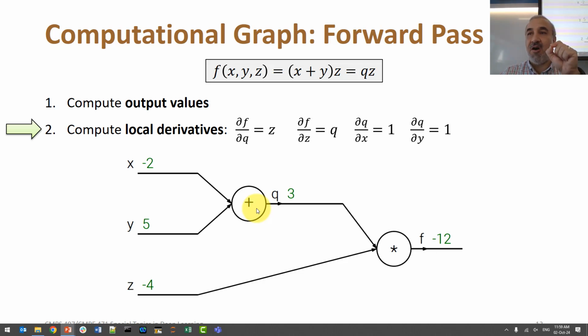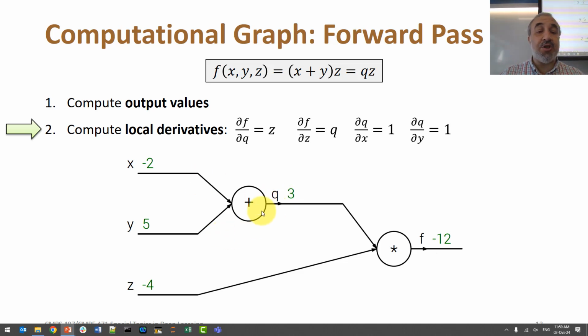The local derivatives are the derivative of the output of that gate with respect to its inputs. For example, for that gate, what is the output here? Q, right? The name of the output is Q, and the inputs are x and y. So the local derivatives will be dq by dx and dq by dy.